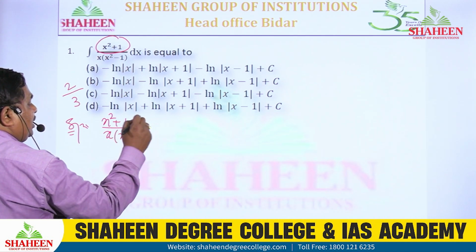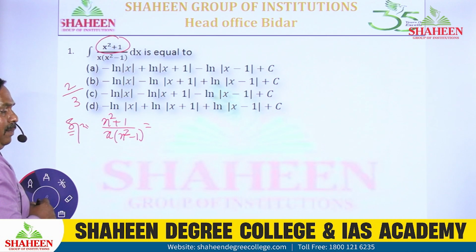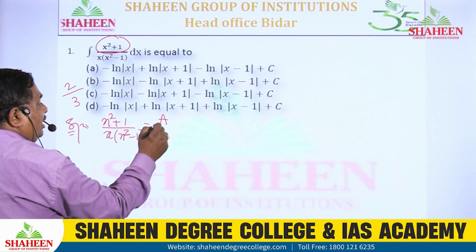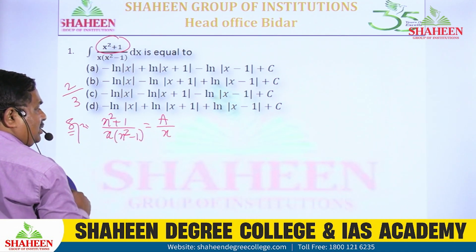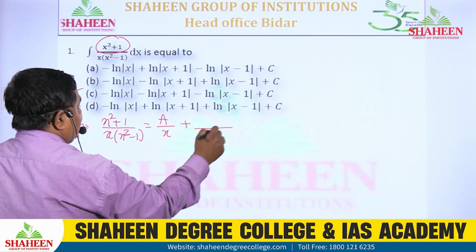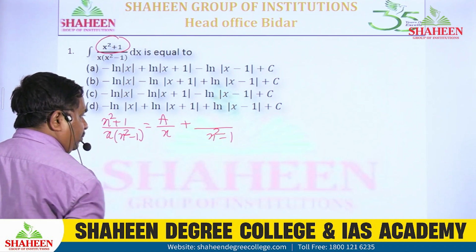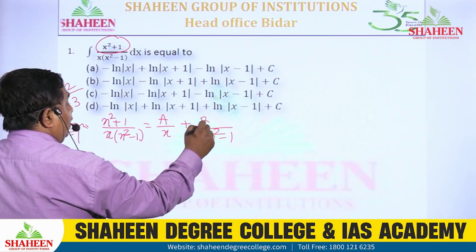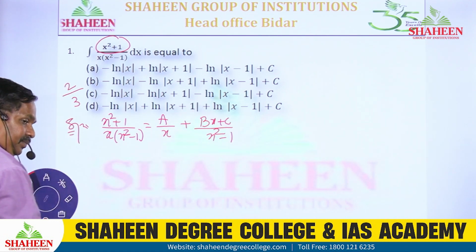Let us separate this fraction by the partial fraction method. What is the first fraction? It is x. That can be written as A divided by x. The second fraction is x square minus 1, and its numerator is written as bx plus c.